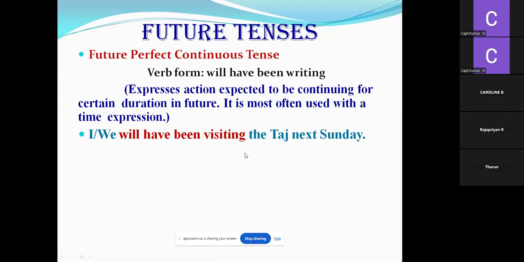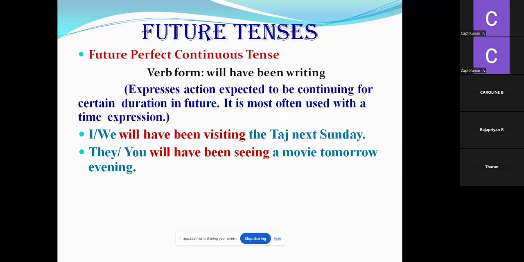And from an exam point of view also, these questions are rarely asked. See the first example. We will have been visiting the Taj next Sunday. So next Sunday, we will have been visiting. So we will be going around the Taj Mahal and seeing.